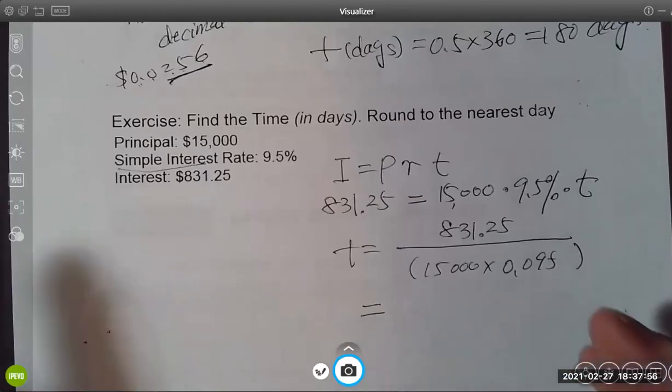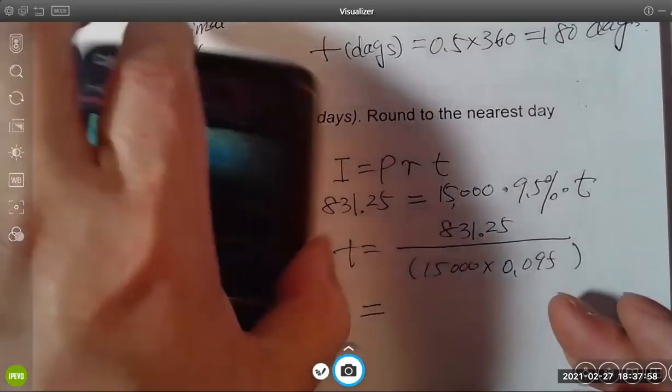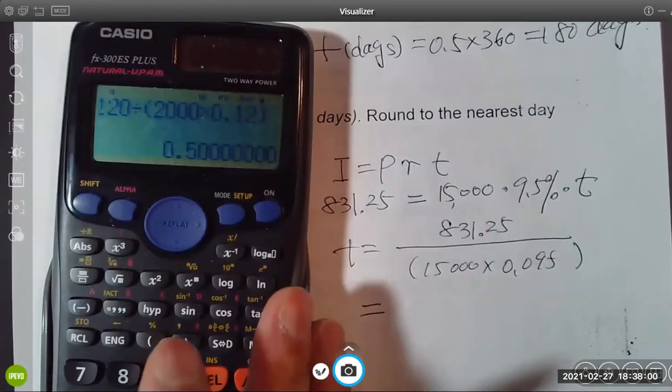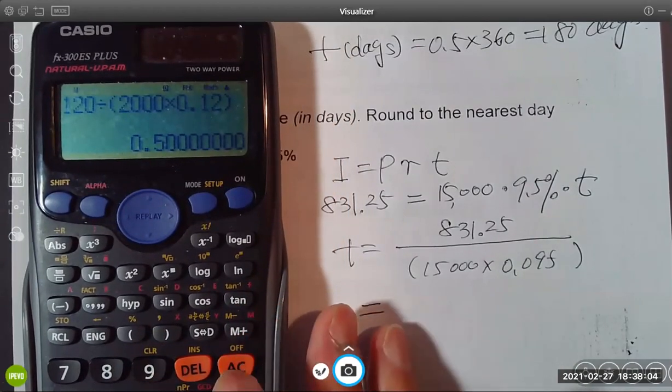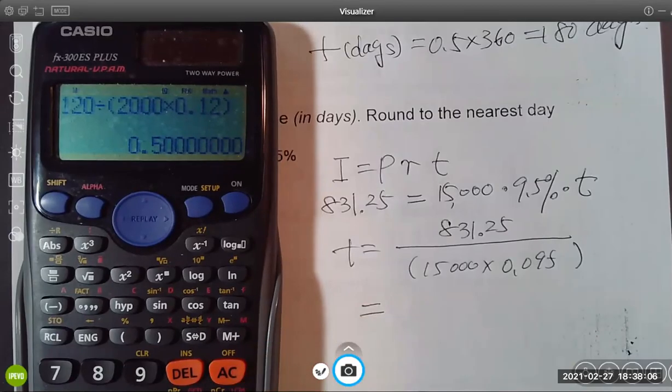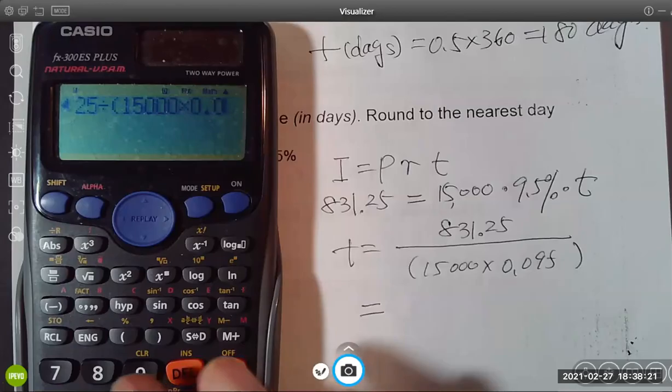And let's do the calculation. This time I'm going to show you the number, but I'm not going to write down the number. Maybe I'll write it down just to illustrate why we have 6 to 8 decimal digits in the middle step. $831.25 divided by parentheses 15,000 times 0.095.